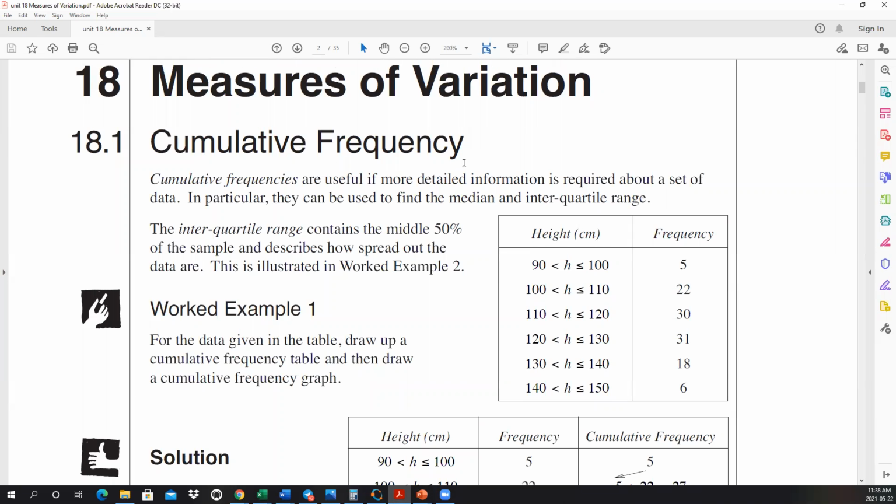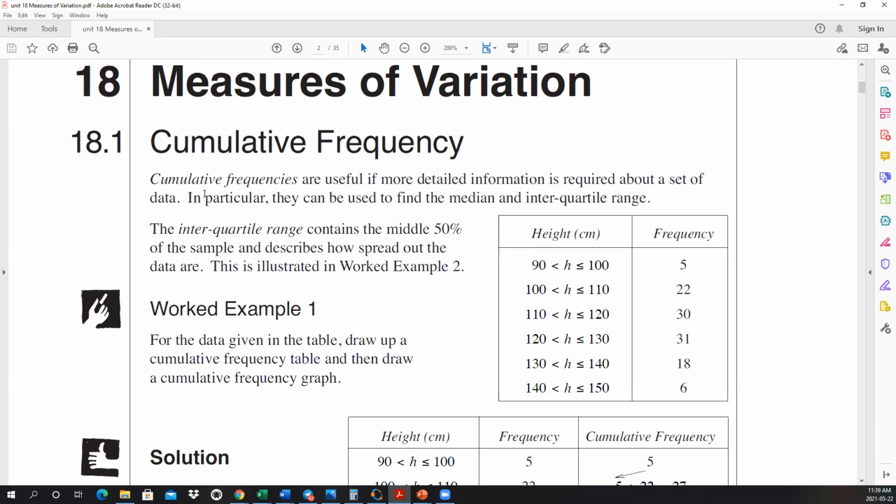Yes, sir. All right, so cumulative frequencies are useful if more detailed information is required about a set of data. What I would say about this cumulative frequency is that it almost always comes on the exam, so it's something that you must learn.